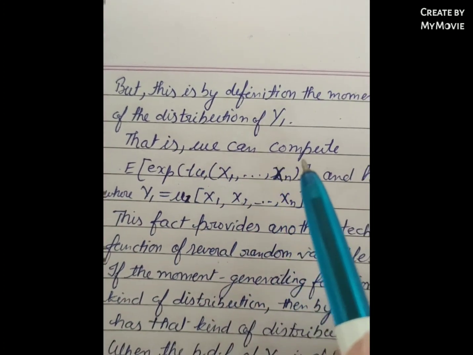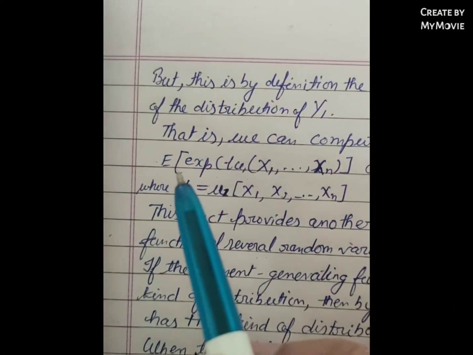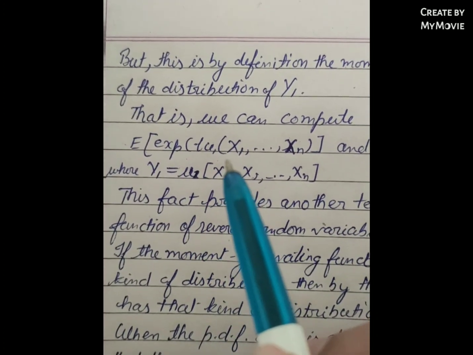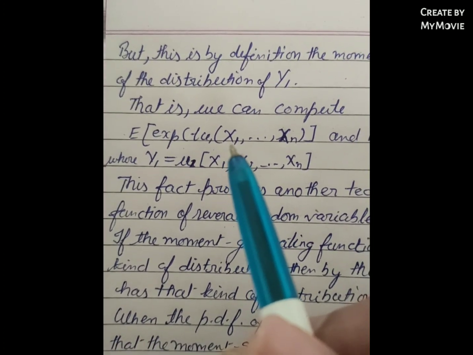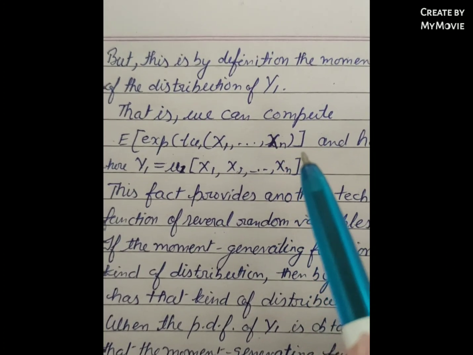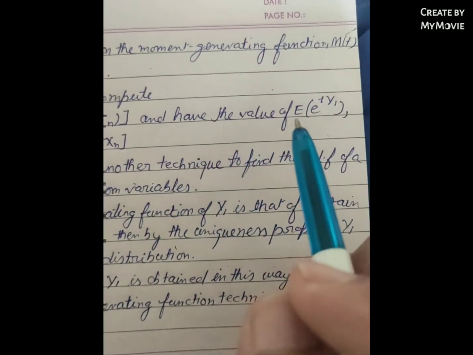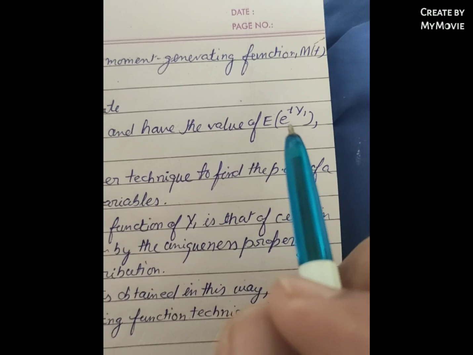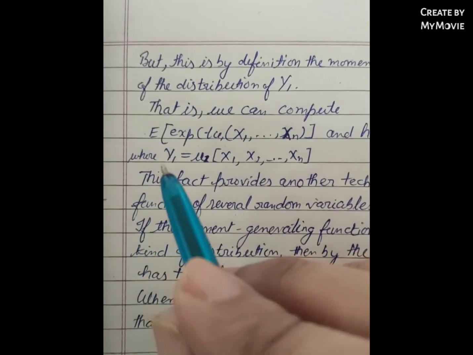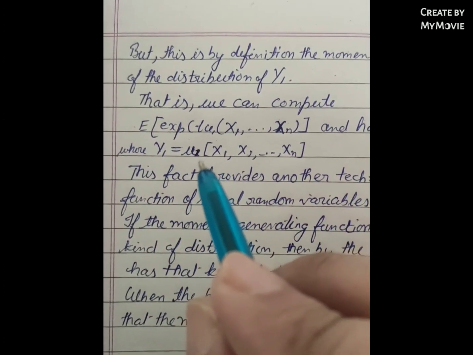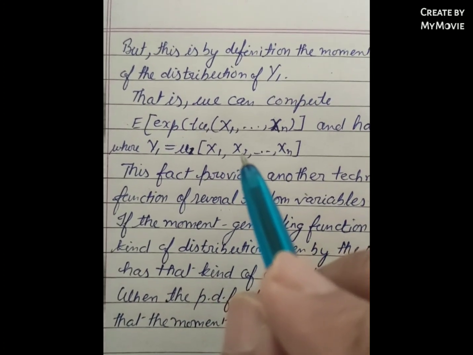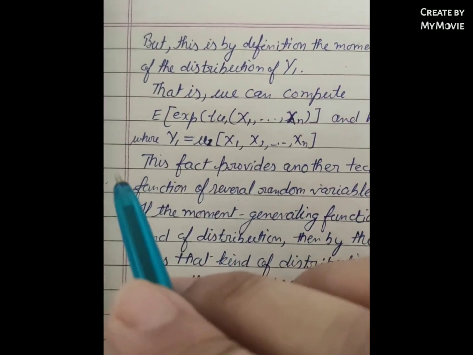That is, we can compute E[exp(t u1(x1, ..., xn))]; we have the value of E(e^(ty1)), where y1 = u1(x1, x2, ..., xn).